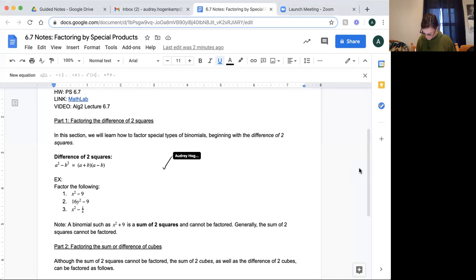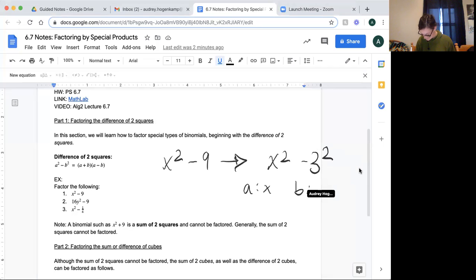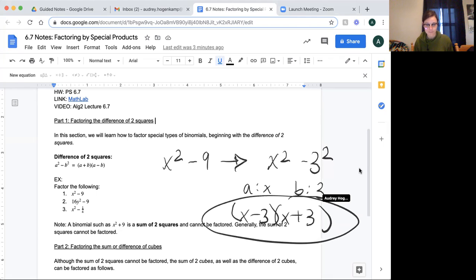So I can rewrite x squared minus 9 as x squared minus 3 squared. And then I can see a is x, b is 3, and so I know that my binomial will factor to x minus 3 times x plus 3, according to my difference of squares formula.